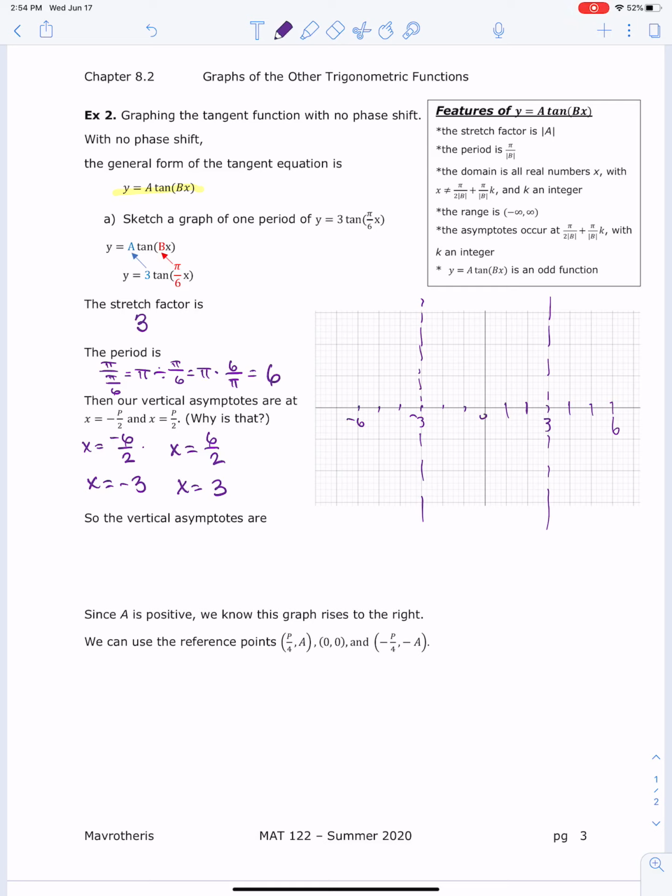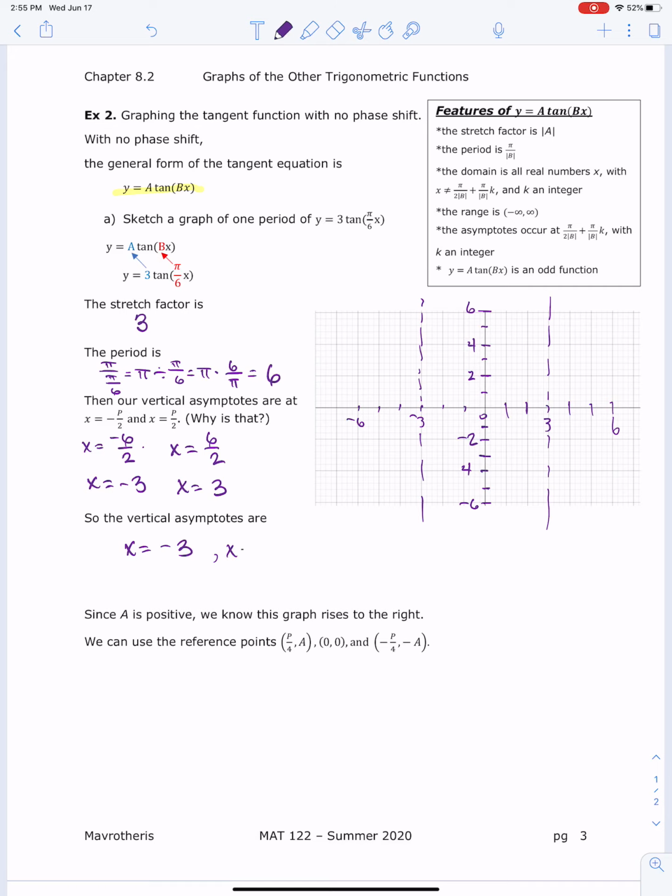Might as well get the y-axis here. I'm just gonna do 2, 4, and that should work for what we've got going on here. Okay. Our vertical asymptotes are at x equals negative 3.